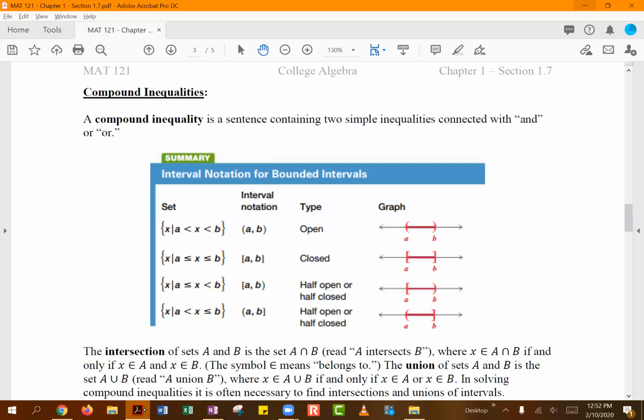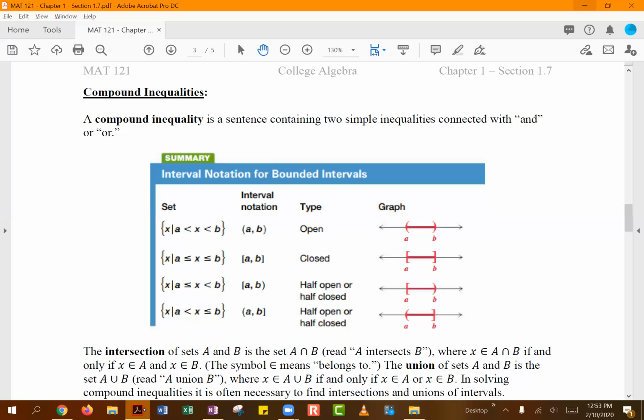Yeah, so that means you are actually including the A value, but B is not included. Or in this case, A is not included, but B is included. Would we specifically have to write it in the order that it is? Yes. Smaller number always goes first in your interval and then the larger. Yeah. So that order is crucial.